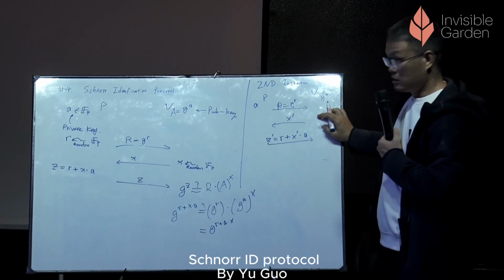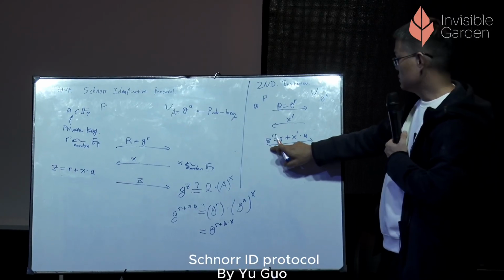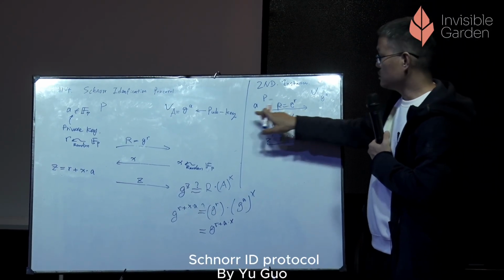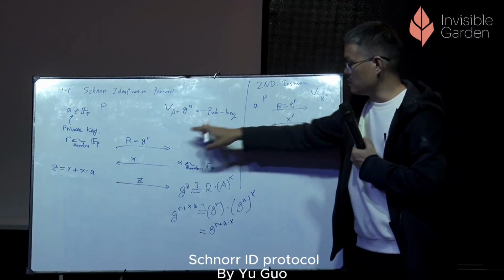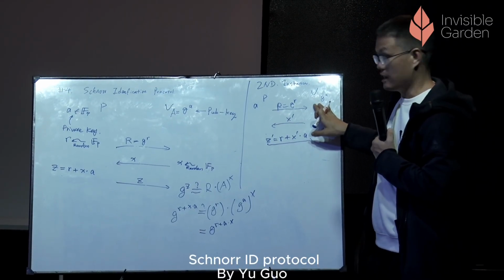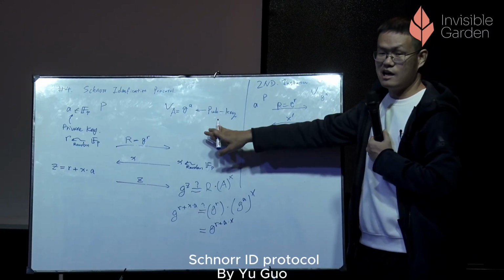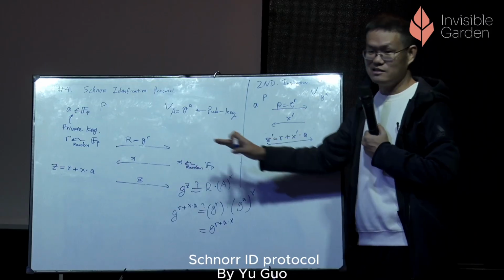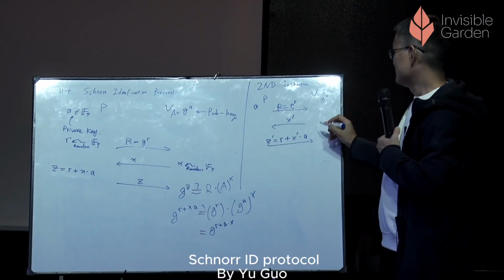Then the verifier has z prime and R. Because the prover reused capital R, the verifier will see that the commitments the prover sent are actually equal.